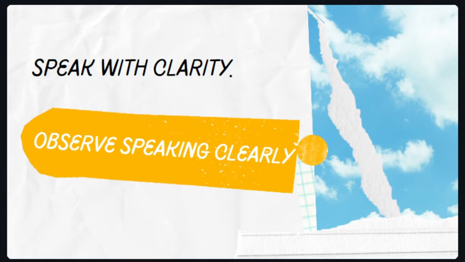Next is speak with clarity. One should observe proper pronunciation, stress, intonation, juncture, diction, tone, and pacing when delivering a speech. These are just a few of the many elements that should work together to ensure that the ideas in the speech are clearly conveyed.